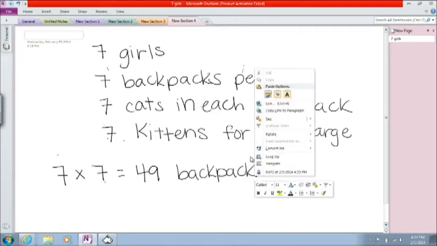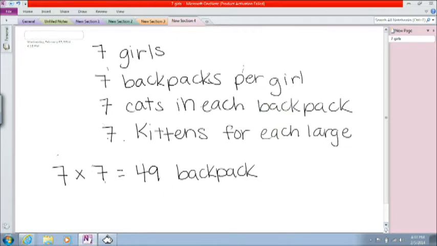Now we're going to fill these backpacks with cats. That means we have 7 cats in each backpack, so we take that 49 and multiply by 7 again. I'm just going to do this on our calculator to be quick, but we have 343, and that's big cats.